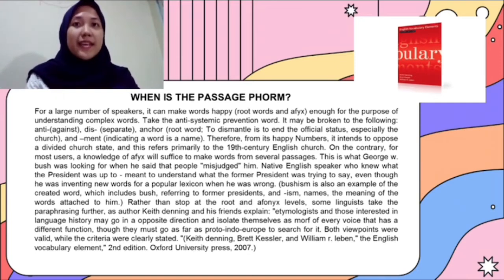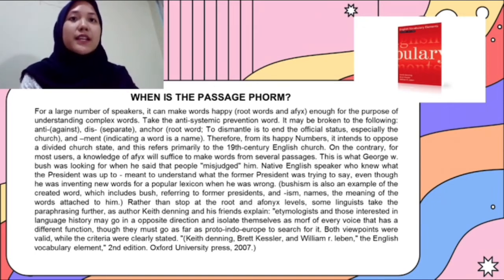Anti means against, dis means separate, establish is the root word, to disestablish is to end the official status, especially of a church, and ment indicates the word is a noun. Therefore, it intends to oppose a divided church and state, and this refers primarily to the 19th century English church.